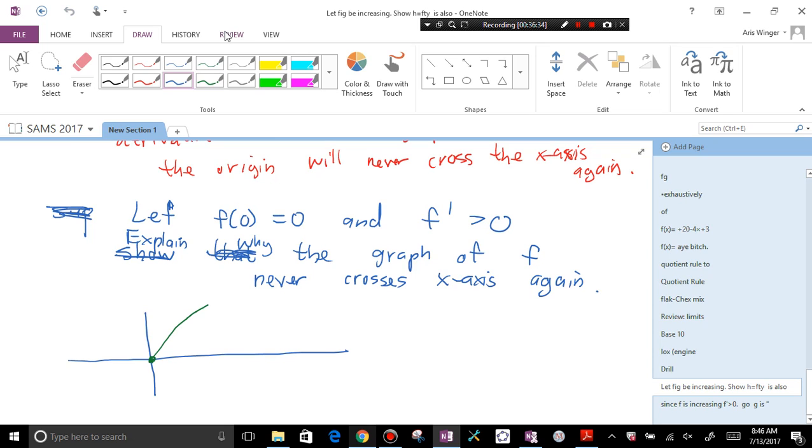So I just said, since the derivative of f is greater than 0, then the function is always increasing, and then to cross the x-axis again, the function would have to be negative. What would have to be negative? The derivative would have to be negative, and so because of the intermediate value theorem, it would have to be negative.